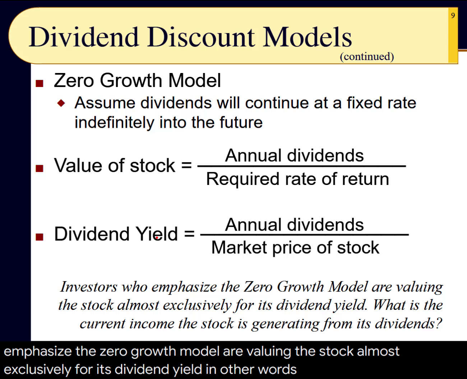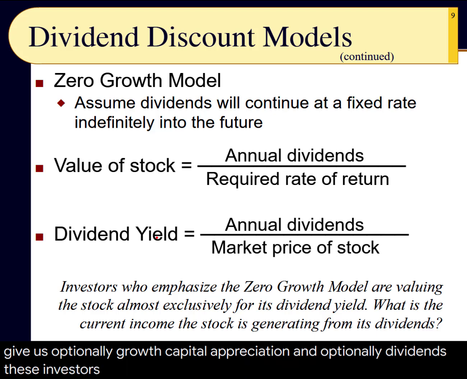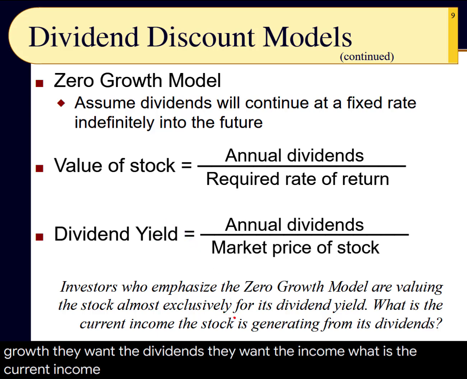In other words, when we said that stocks give us optionally growth, capital appreciation, and optionally dividends, these investors are not interested in the capital gains, in the growth. They want the dividends. They want the income. What is the current income the stock is generating from its dividends?